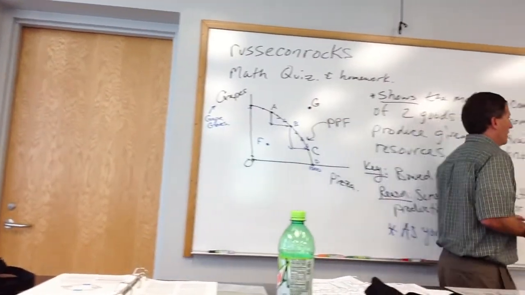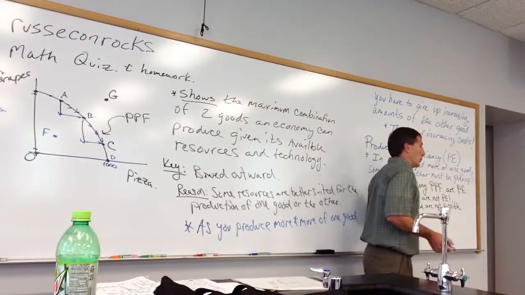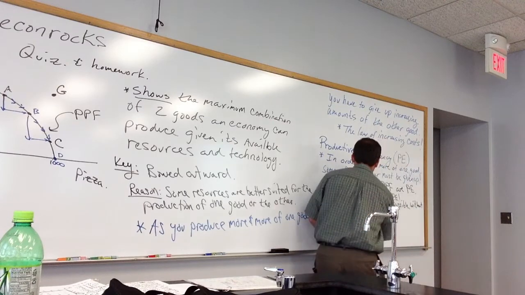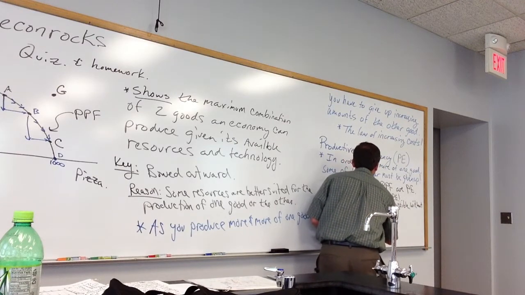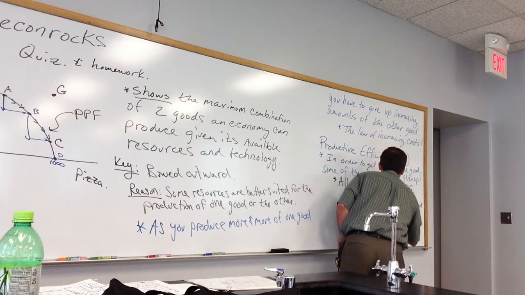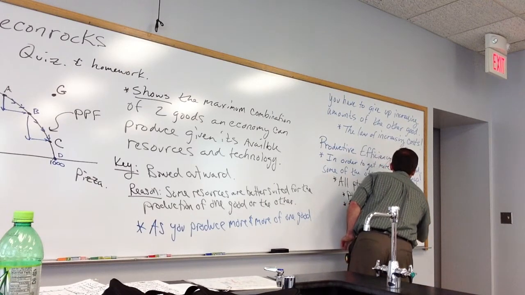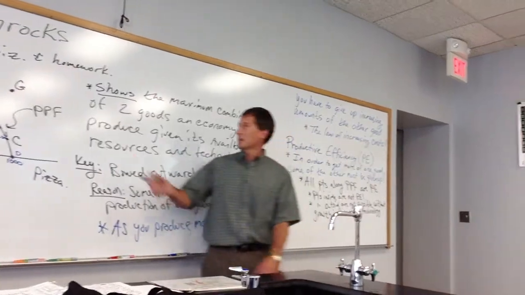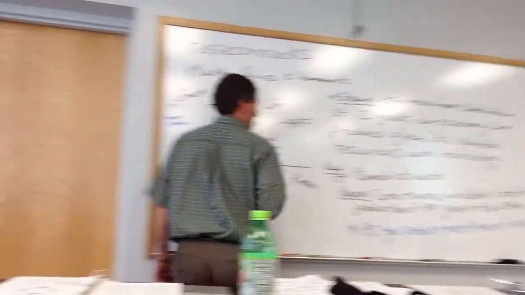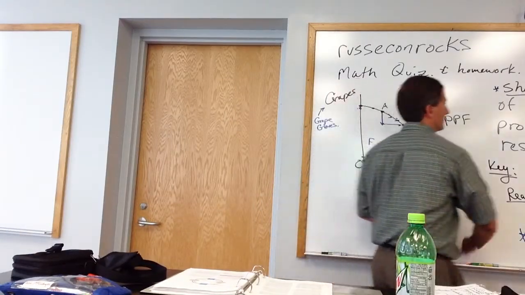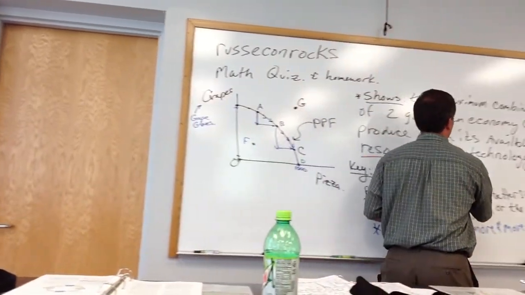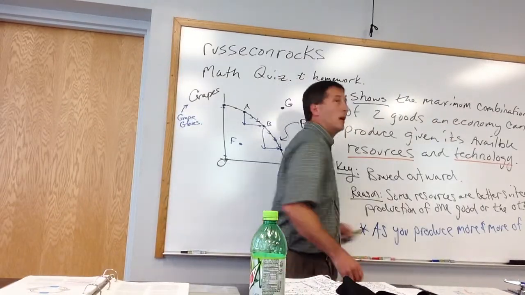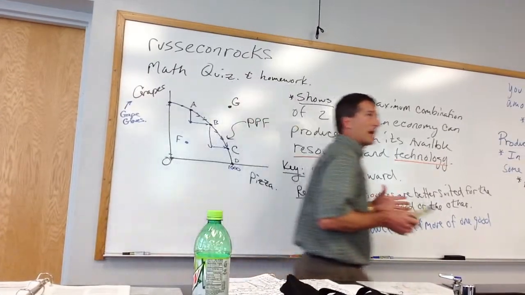So, not possible without growth in resources or technology. The exact same things we held constant when we drew it in the first place. So that sets the stage for economic growth.